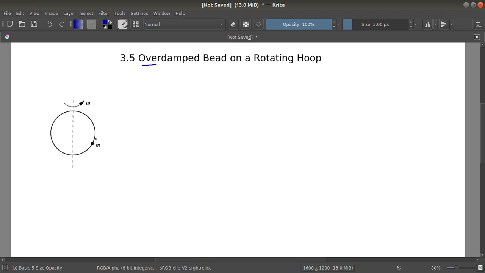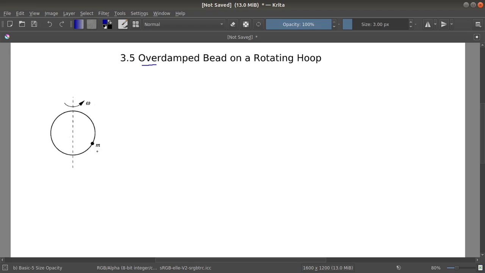In addition, this whole system is immersed in a highly viscous fluid. Now the question is, under such conditions, what is the dynamics? What is the change in the position of this bead? That's what we are going to analyze.